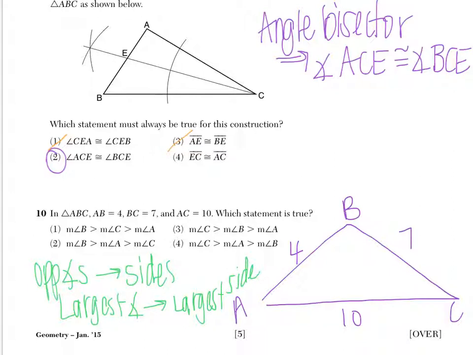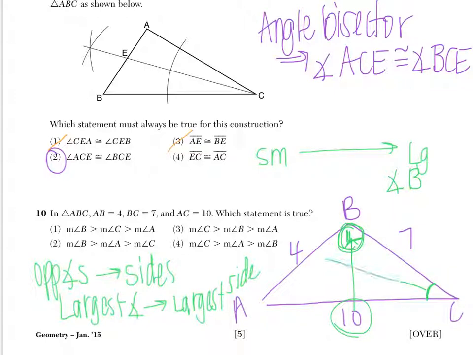So what we're going to do is kind of make a list going from, say, smallest to largest. Side AC is the largest side, which means that angle B opposite it is the largest angle. So I'm going to put an L here for large, and I'm going to put angle B up here. Angle C is opposite of the shortest side, which is a 4.